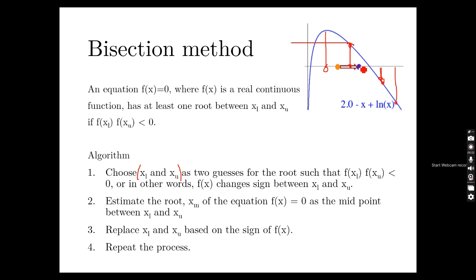Then we check the multiplication of those 2 function values. If it's negative, then that means we have a root between those 2 points, and we take an average of these two xl and xu values to get a new x value, which in this case should be somewhere around here. Then we evaluate the function at this value, and we again look at the multiplication of f(xl) and f(xu).